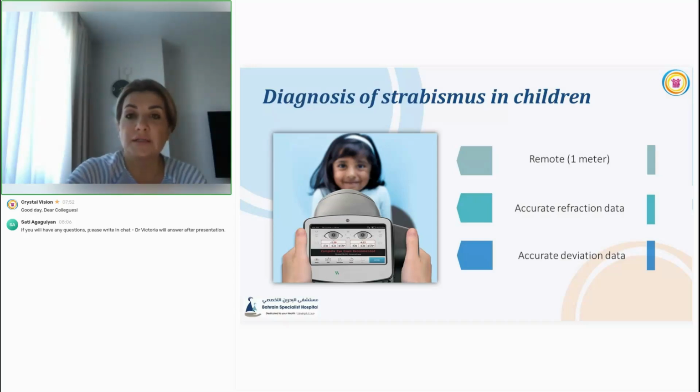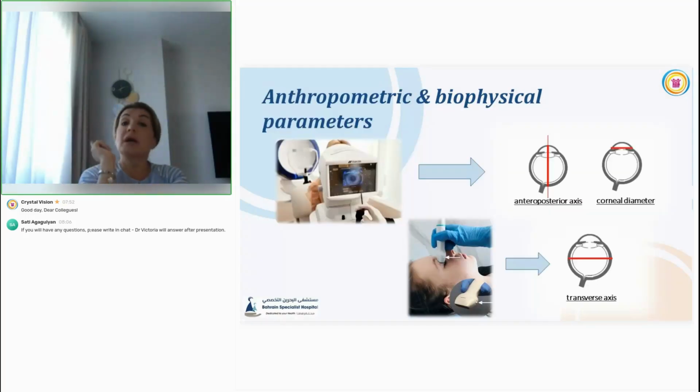After the diagnosis, one important thing in our calculations for surgery is that we take into account not only the angle of strabismus, as is usually the case when planning a classical surgical intervention.